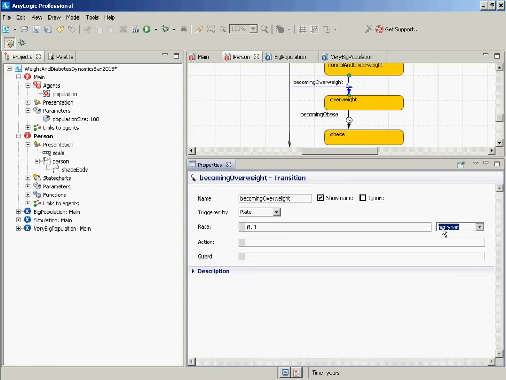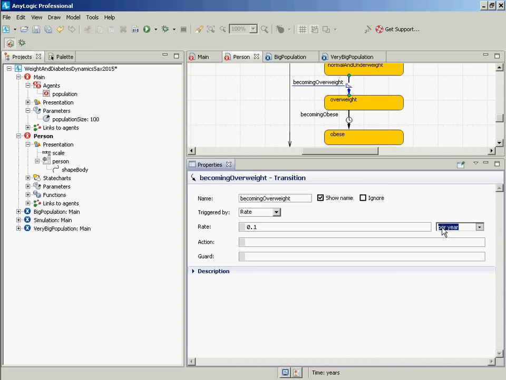Okay. Alternatively, we could use a timeout where they go after exactly some amount of time. This is memoryless. This is saying their chance of going in the next year is independent of how long they've been in that state. My chance of developing overweight is independent of how long you've had normal and underweight, if I just have a fixed hazard.